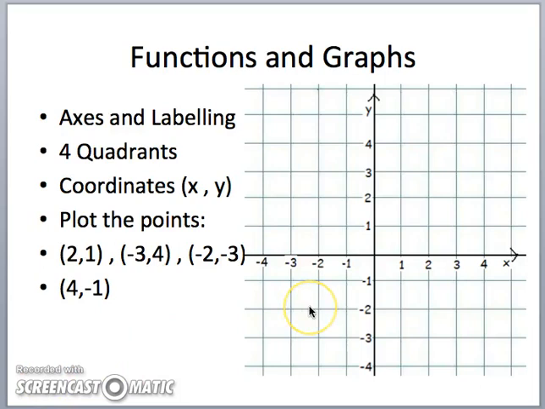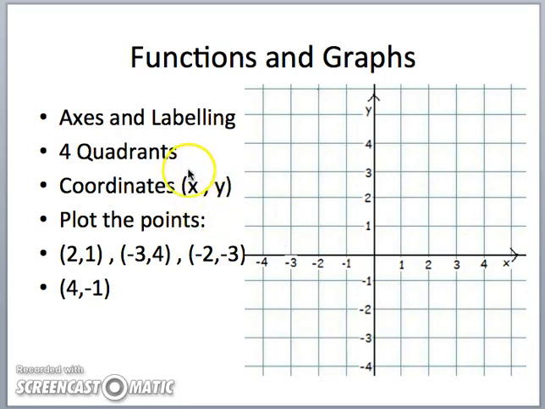When we're plotting functions and graphs, we use a coordinate system. We have the x-axis going across the page, and we have the y-axis going up and down the page. The centre where the x and y-axis cross is called the origin, and we usually label that with the coordinates (0, 0).